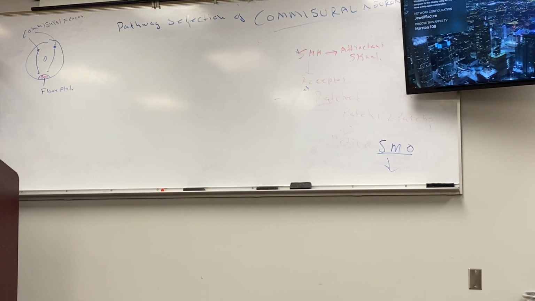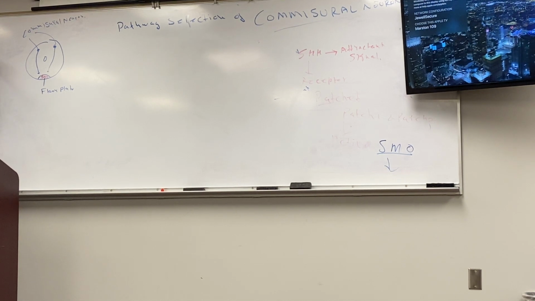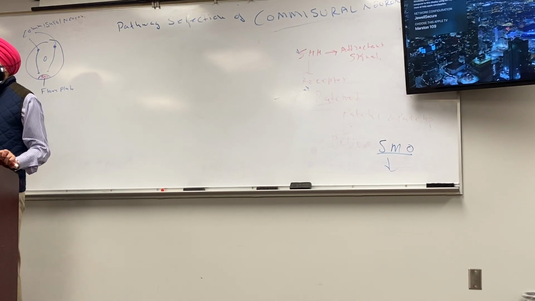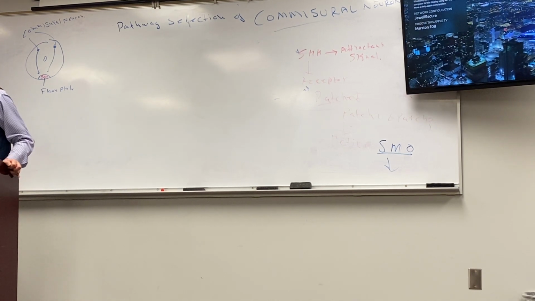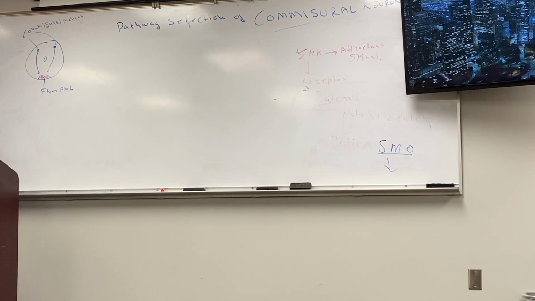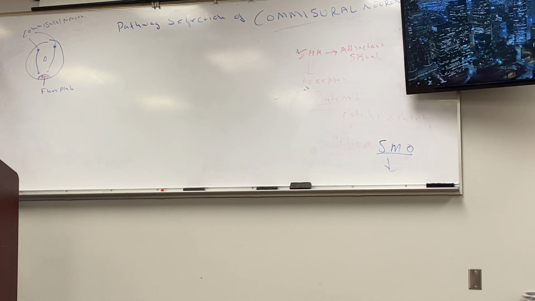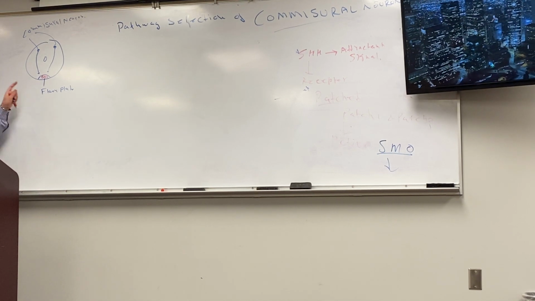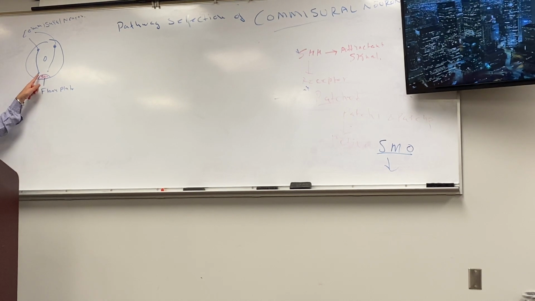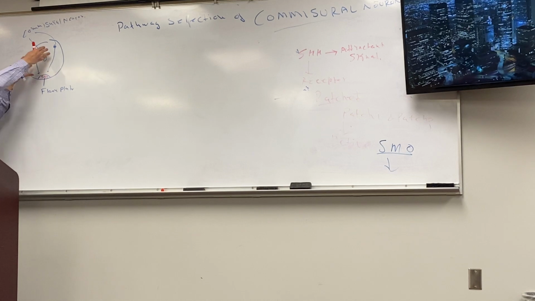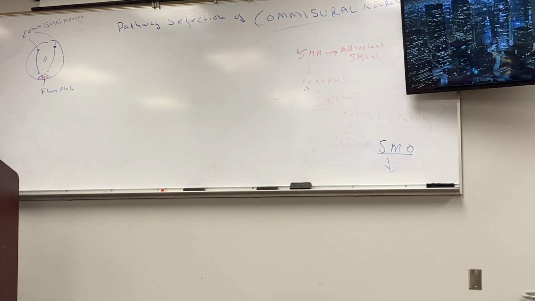Once patch is activated, a protein called SMO is activated, and that causes further changes. There are PI3K and other pathways, but we need to remember only this for our purpose. Now, there is very high sonic hedgehog, so they are attracted towards sonic hedgehog, okay?